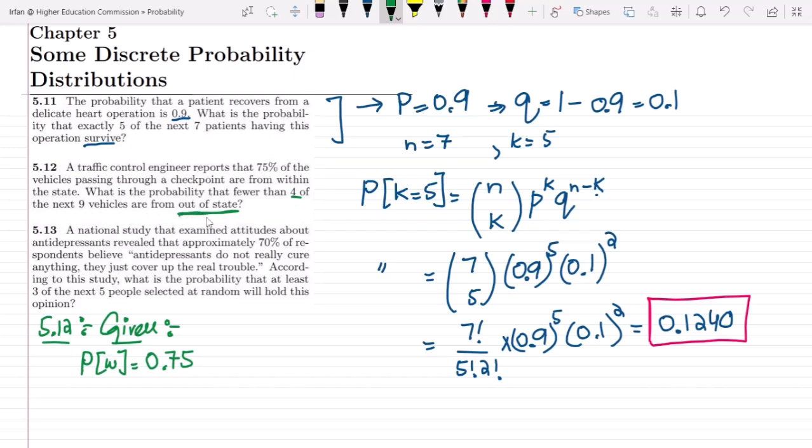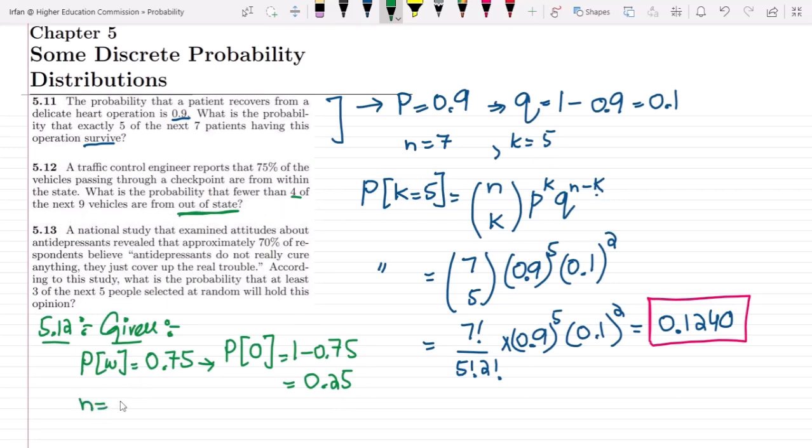From this we can very clearly see that if the probability of within-state vehicles is 0.75, the probability of out of state, let me write it with O, would be 1 minus 0.75, or 0.25. Now what do we have to find out? The probability that fewer than 4 of the next 9 vehicles are out of the state.